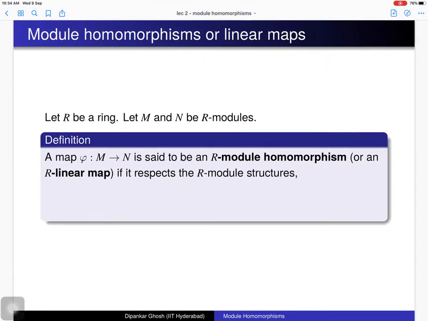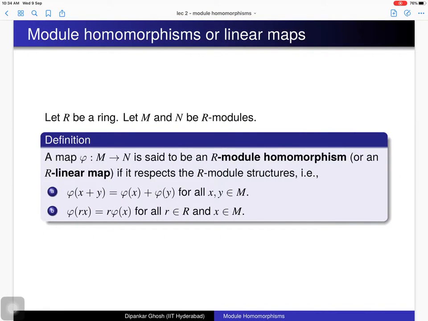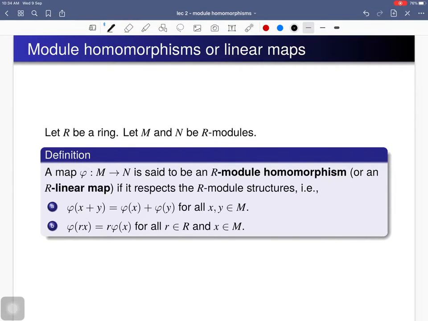So what I mean by that? An R-module has addition and scalar multiplication. So a set map from one module to another is called an R-module homomorphism if it respects both addition and scalar multiplication. In the sense that you consider two elements x and y, then you take their sum and you apply phi, and that is the same as phi of x plus phi of y.